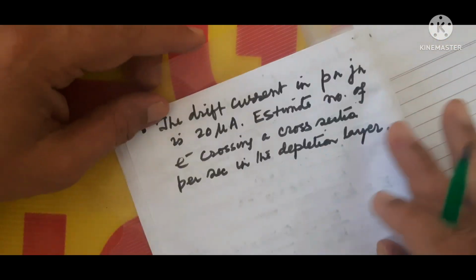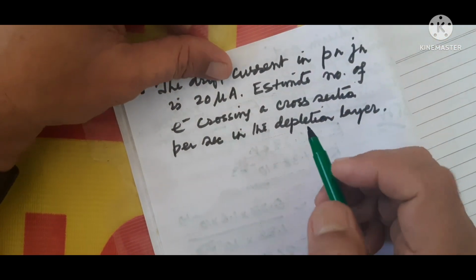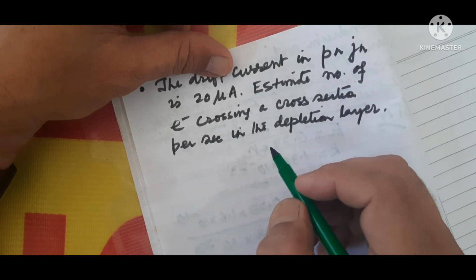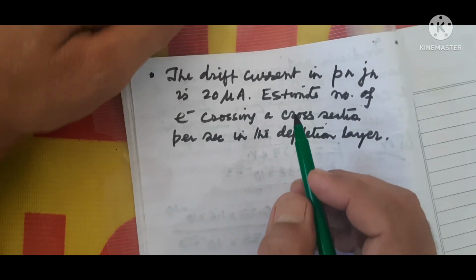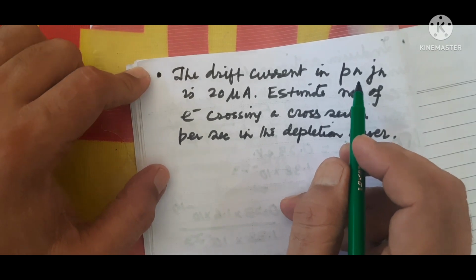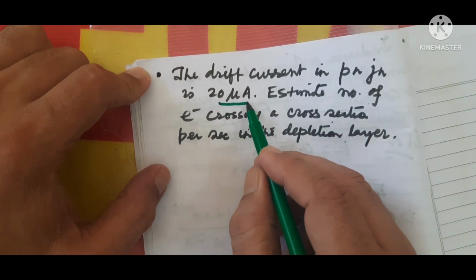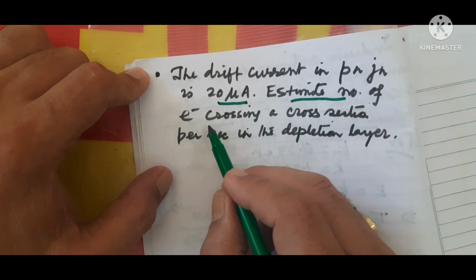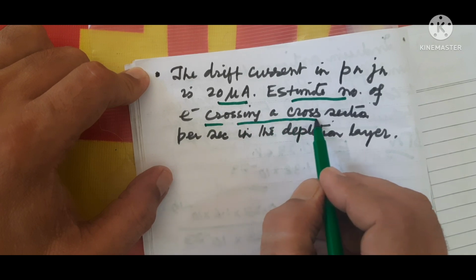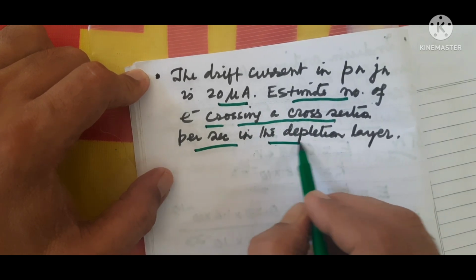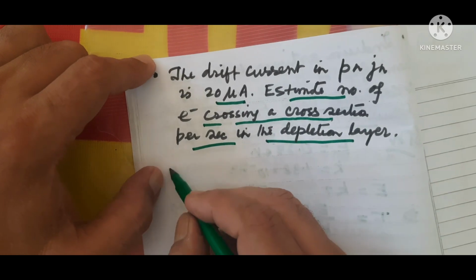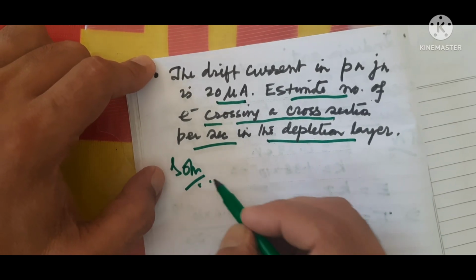Other question: the drift current in a PN junction is 20 microampere. Estimate the number of electrons crossing a cross section per second in the depletion layer. So, how are we going to solve it?